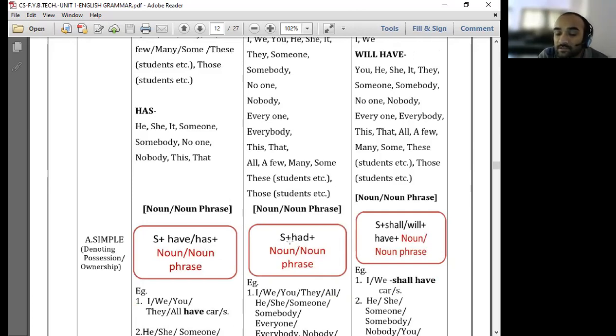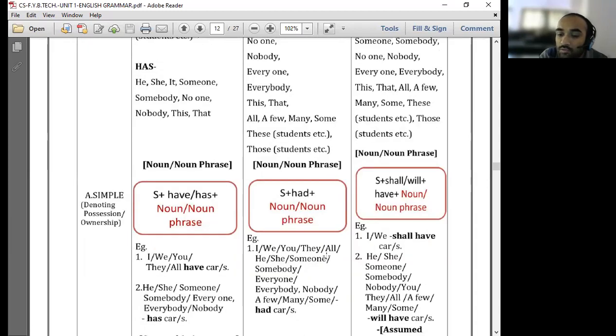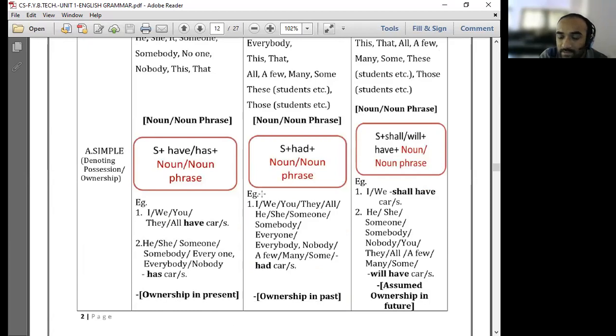We can use the structure like subject plus had plus noun or noun phrase. Subject plus had plus noun or noun phrase. For example, let's see the example. I had car. माझ्याजवळ कार होती.